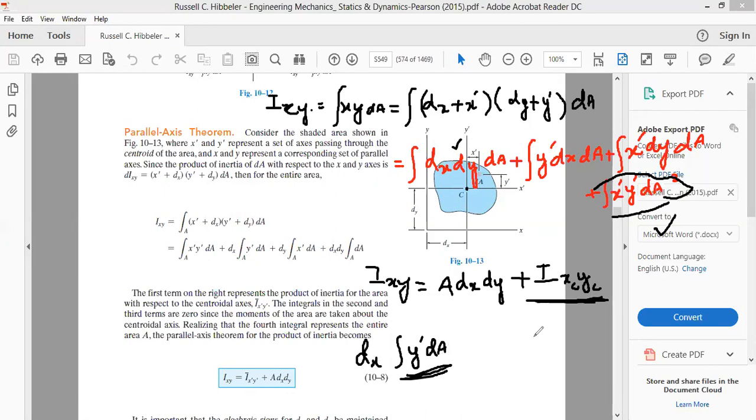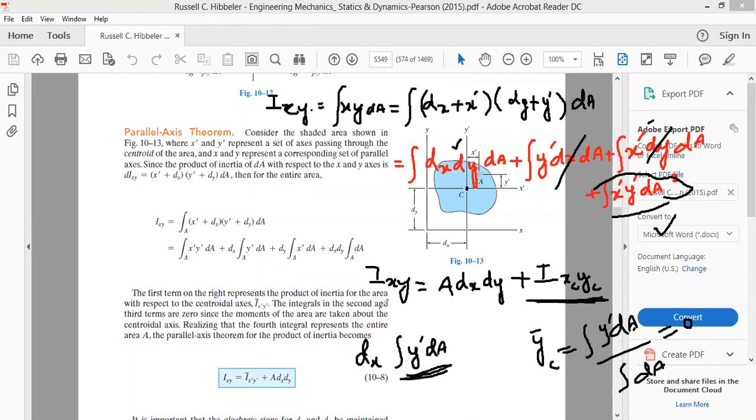As in the previous case, the y coordinate of the centroid measured from the centroidal x-axis is equal to integral of y prime dA divided by integral dA. But we know our centroid lies at the center of this x prime y prime system. The y coordinate is equal to 0, therefore y prime dA is equal to 0. That is, this term is 0. In the same way, the x coordinate is also 0 because our centroid lies at x0, y0. Therefore, this term is also equal to 0.